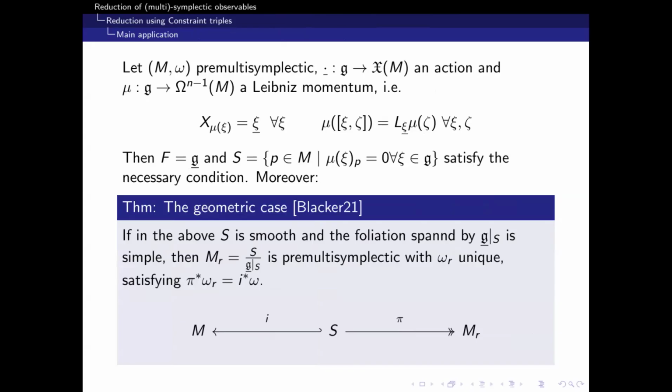Casey reduced multisymplectic structures in the presence of a Leibniz type momentum map. There are two things. First, he obtained something which is only pre-symplectic, even if he starts multisymplectically. This is why we are always dragging along the vector field by hand, because non-degeneracy is not preserved by the procedure, even in the best cases.